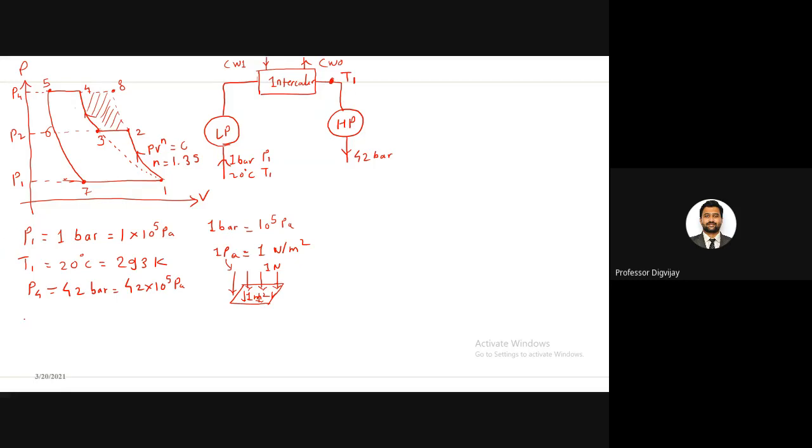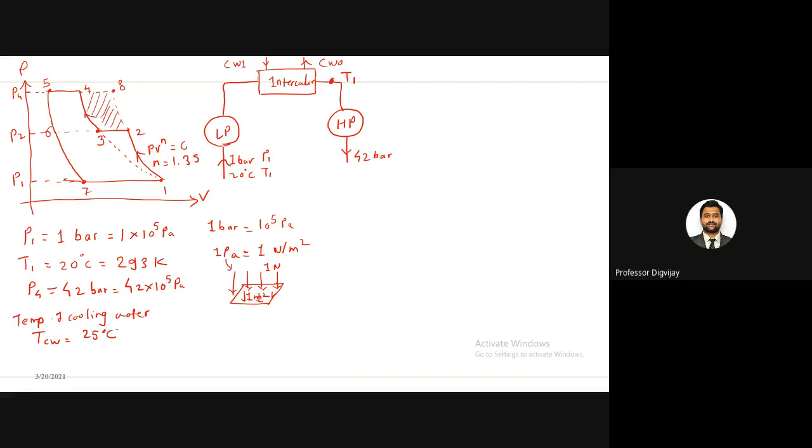Next we have, so here they have given the cooling water temperature also. So temperature of cooling water, let us say here it is 25 degrees Celsius. Okay.